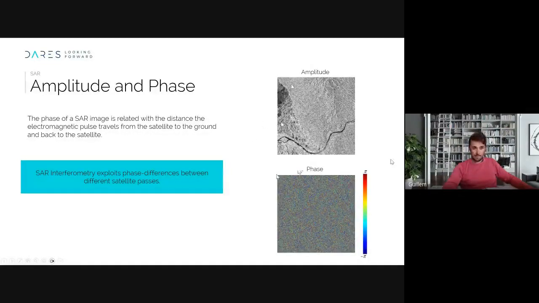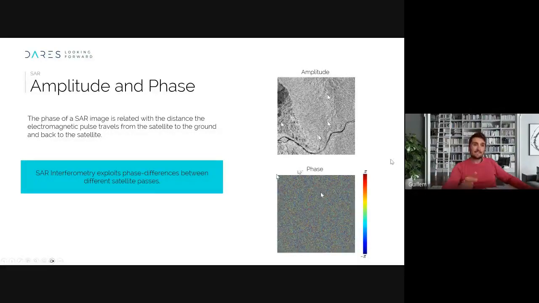We have the amplitude of the backscattering. I send the signal to the Earth, and the signal is coming back to the satellite. So if the backscattering is good, I will receive a good intensity. I will have a good amplitude. Okay. And the second data I have in the radar image is the phase.